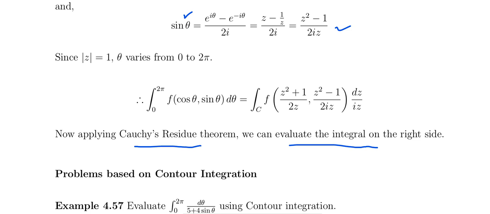The Cauchy residue theorem means the integral over c equals 2 pi i into the sum of the residues at each of its poles. This is called the residue theorem.